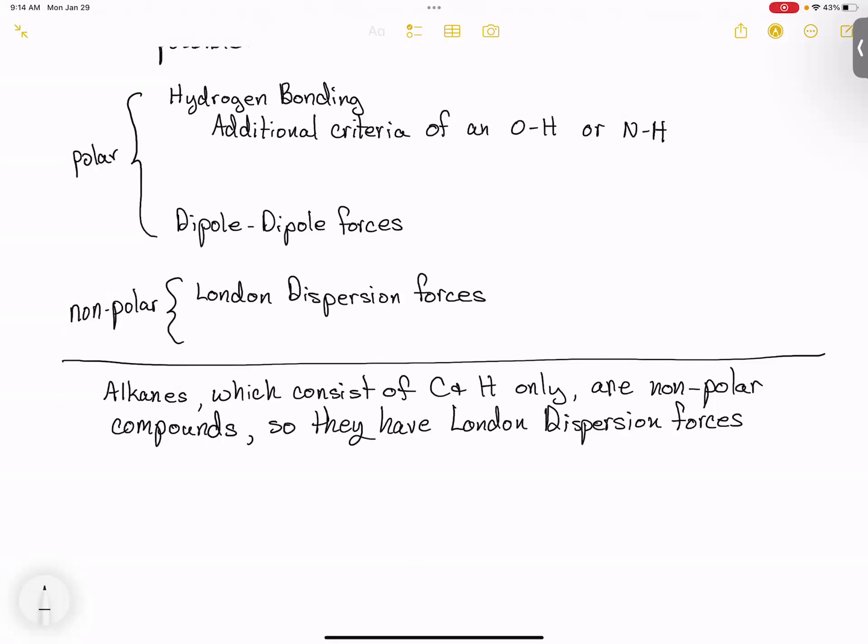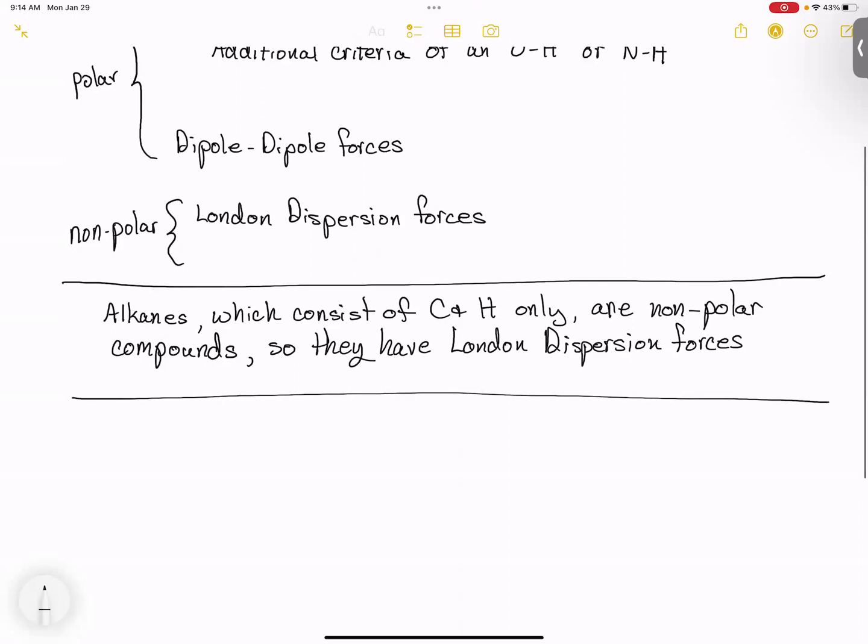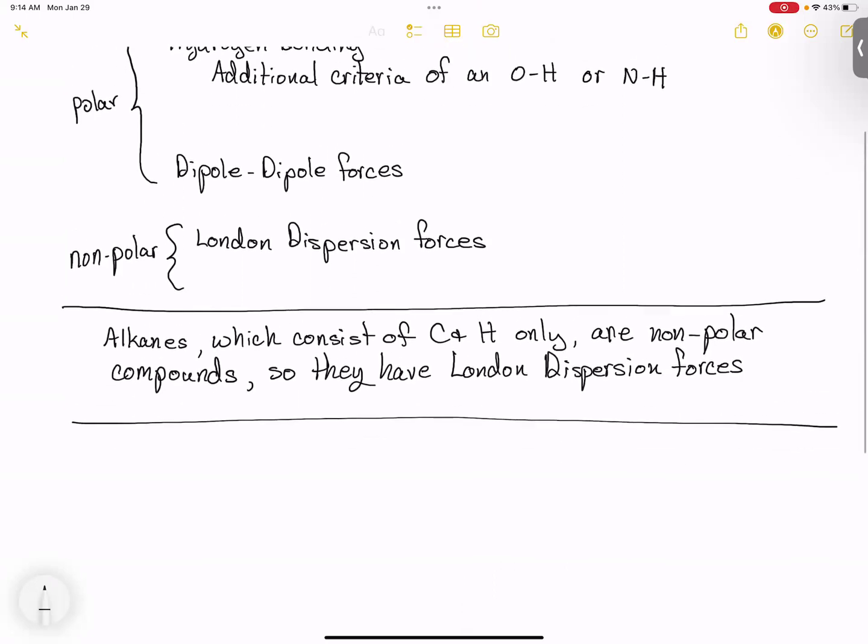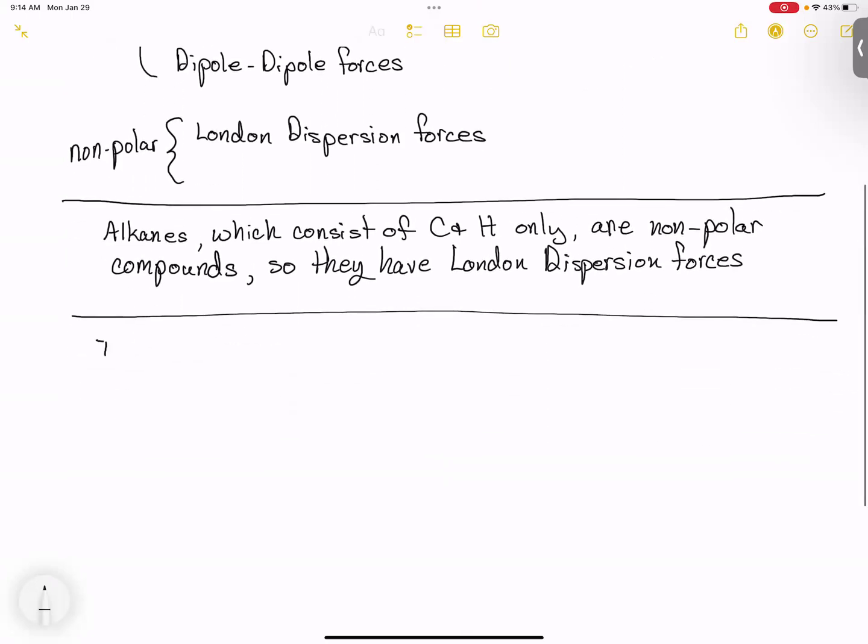The next thing we need to do is talk about these intermolecular forces and their strength.